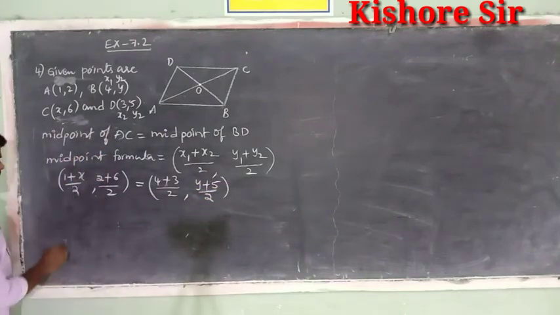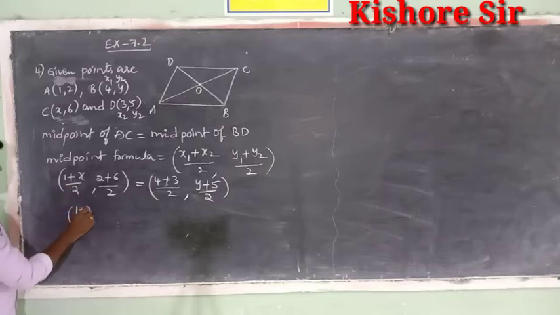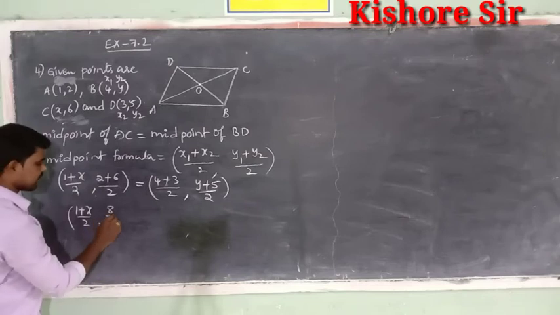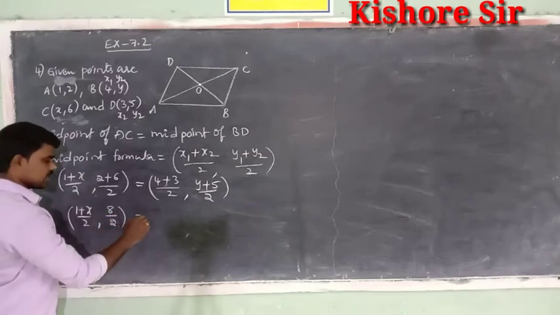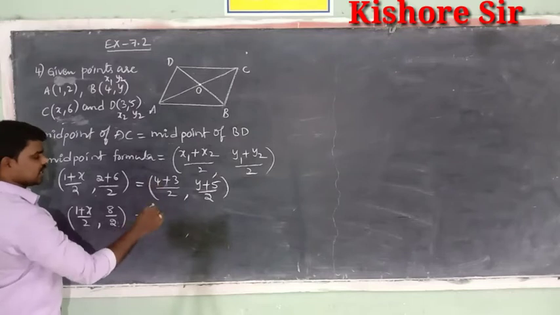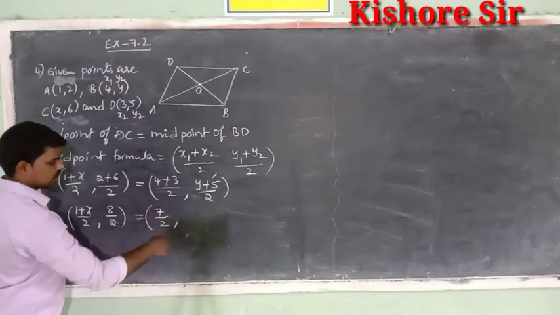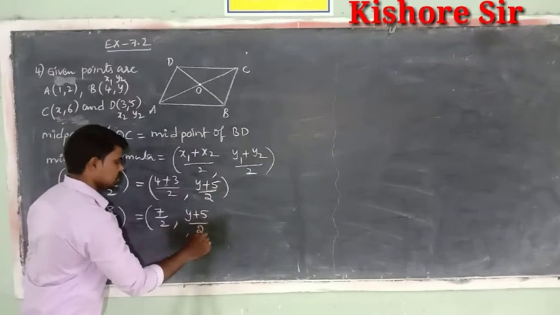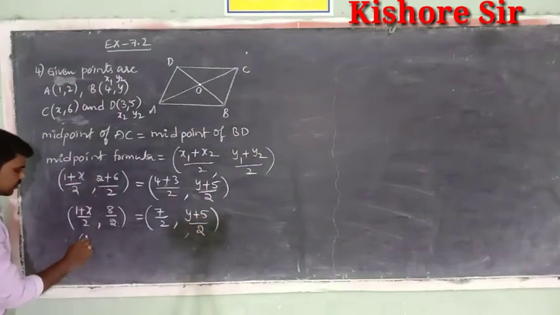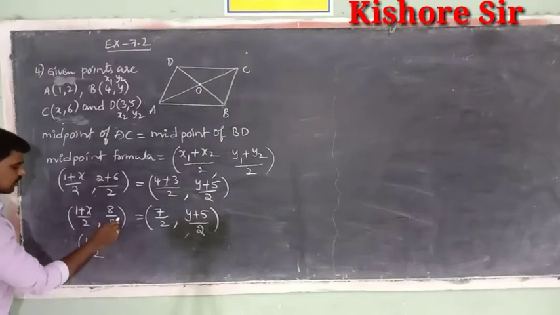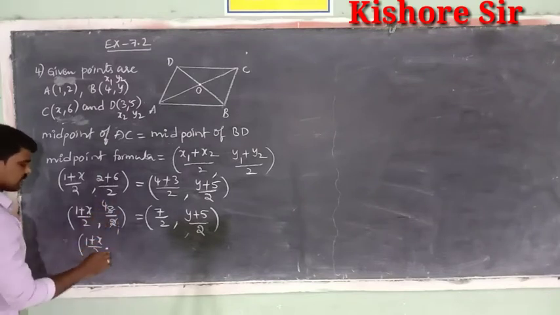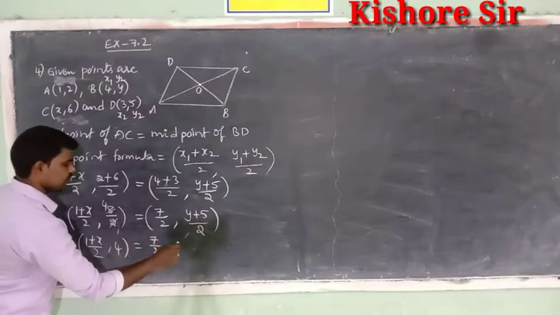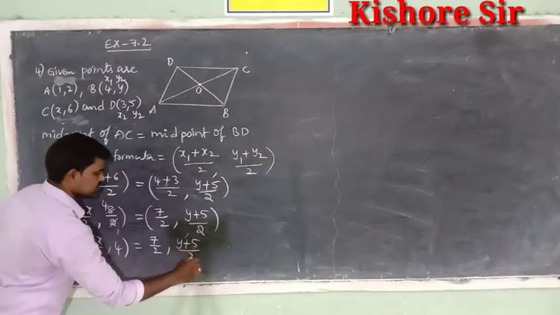So ((1 plus x) by 2, 8 by 2) is equal to (7 by 2, (y plus 5) by 2). That is ((1 plus x) by 2, 4) is equal to (7 by 2, (y plus 5) by 2).